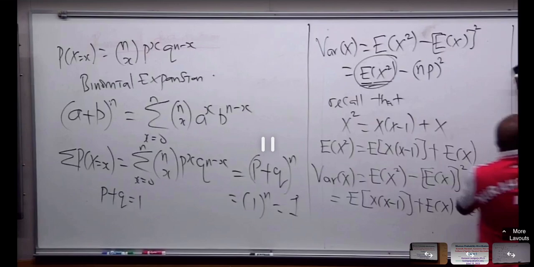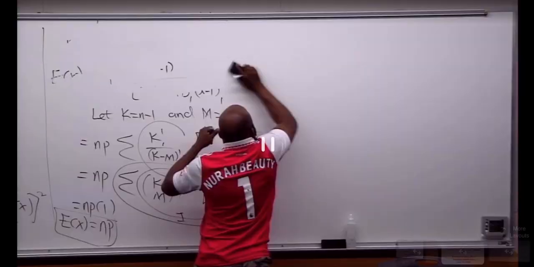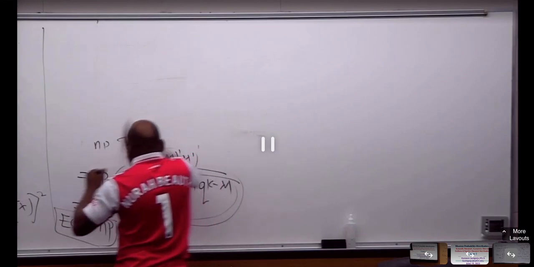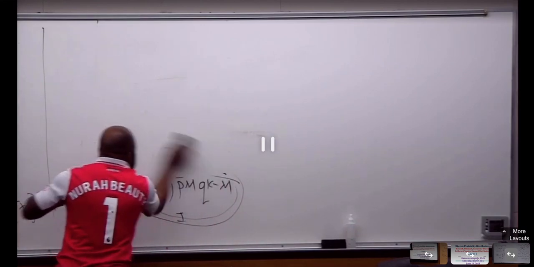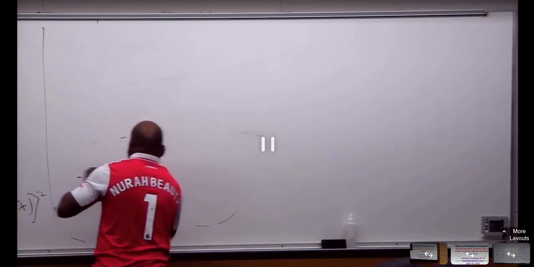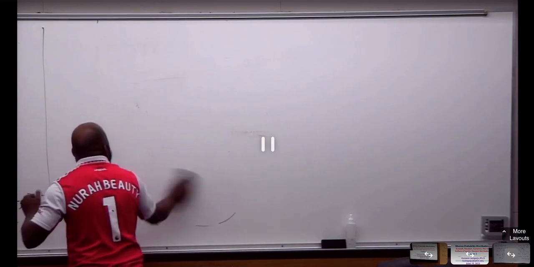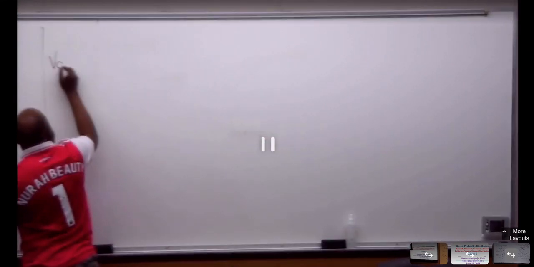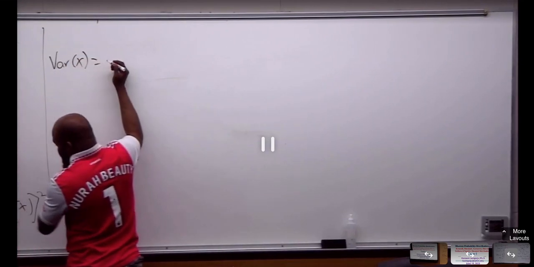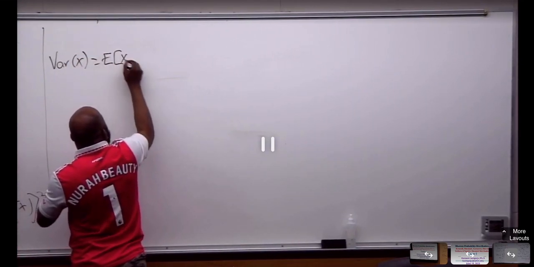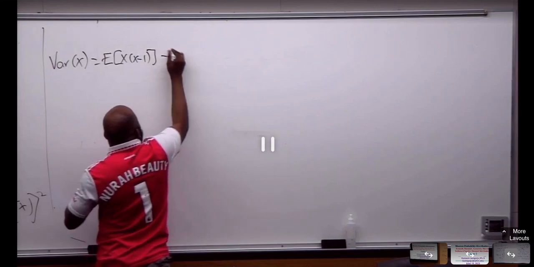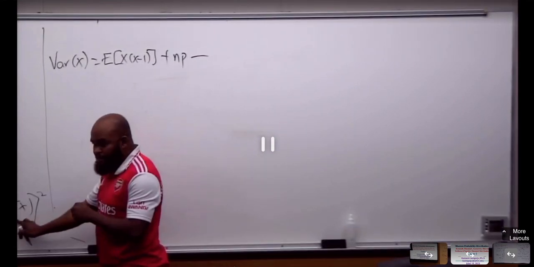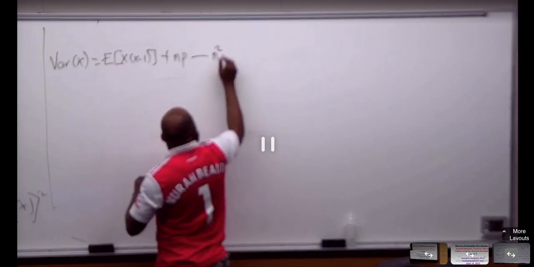Now, the variance of S is expectation of X into X minus 1, plus np minus np squared, which is like this, right?